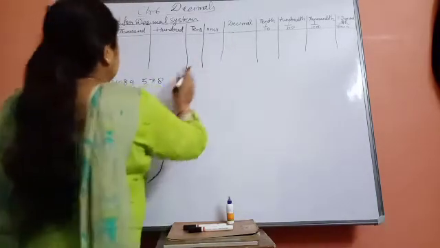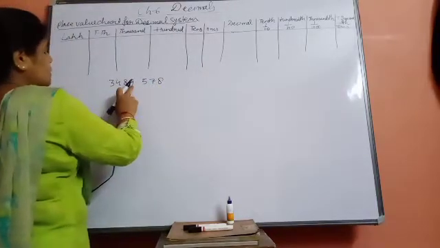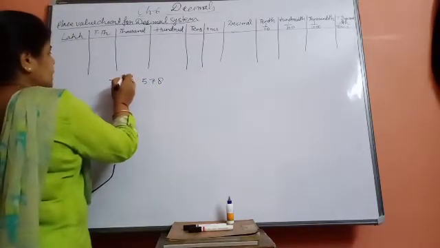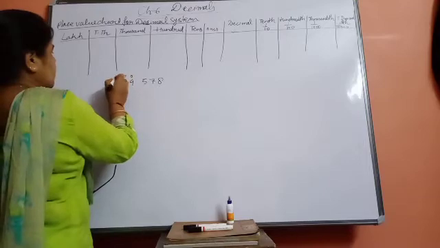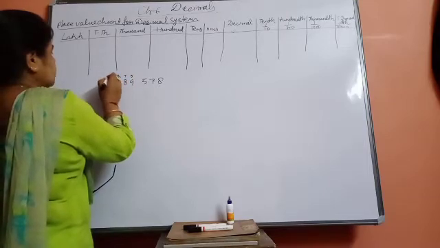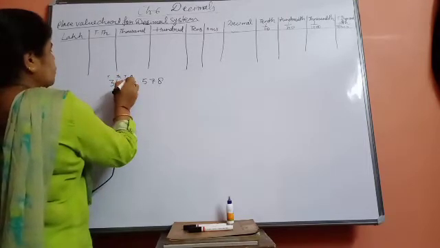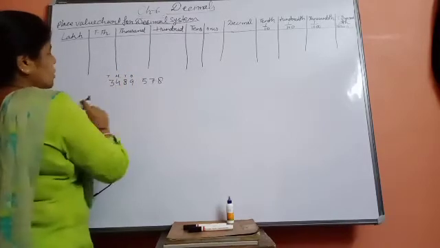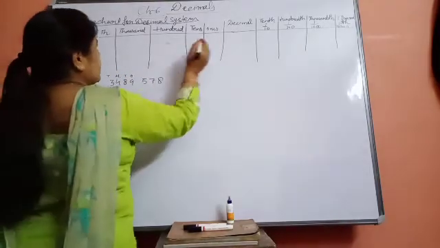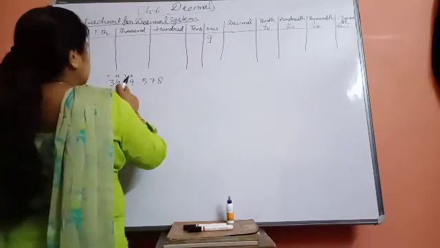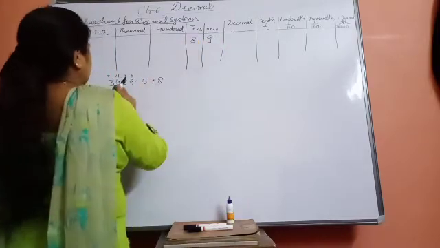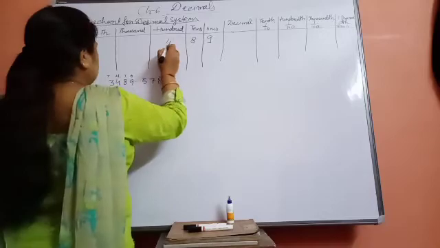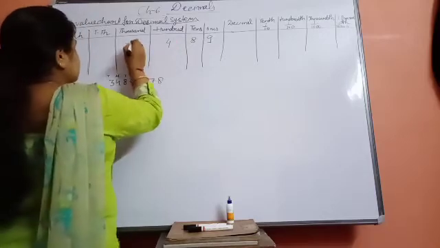Then this is ones, then tens, hundreds, and this is 1000. So ones place is 9, tens place is 8, hundreds place 4, thousands place 3.